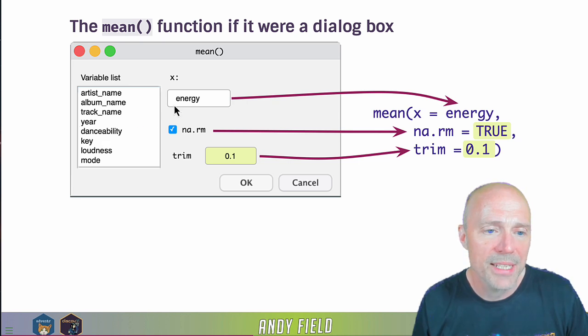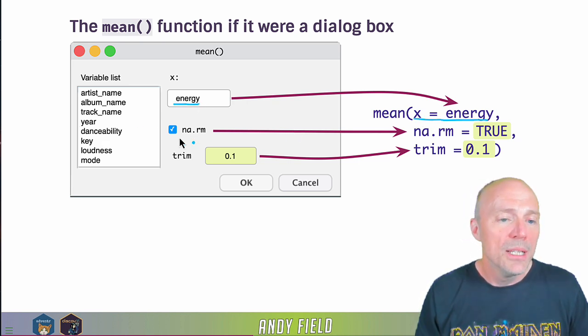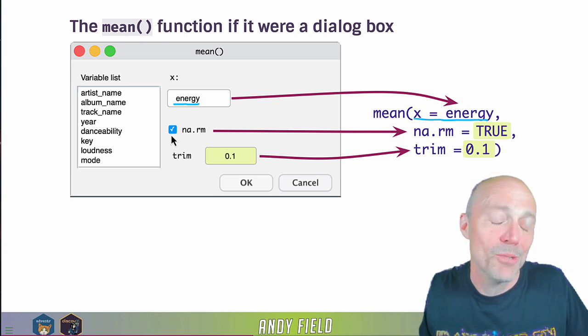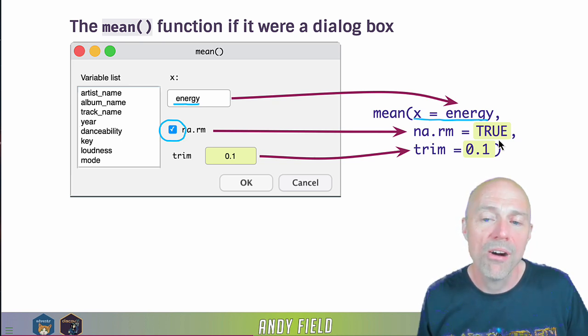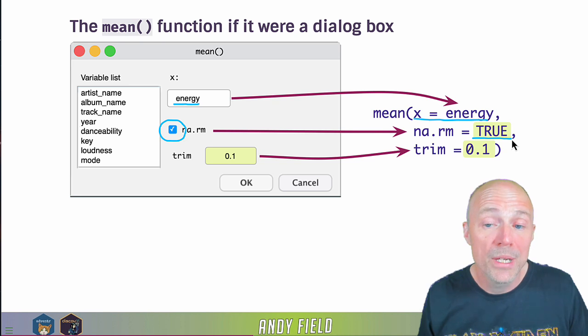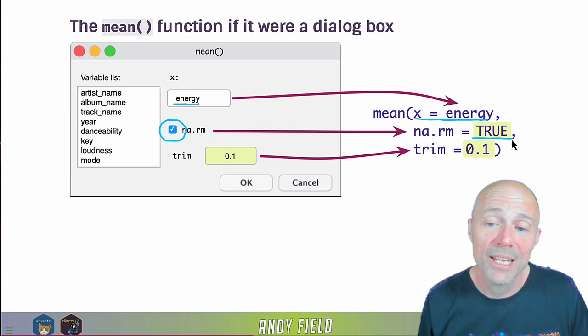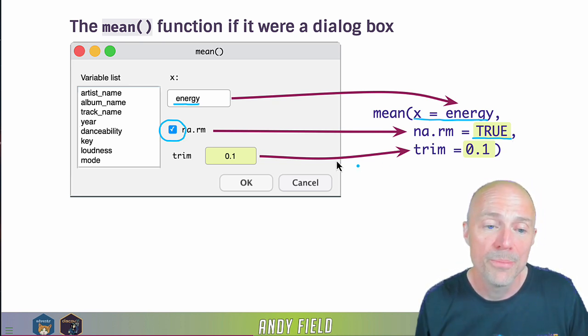So again, we've selected our energy value, so our x equals energy hasn't changed. But let's say we did want to remove missing values. In our dialog box, that would be like ticking this box, and the equivalent of doing that in R is to type na.rm equals TRUE. So instead of leaving the default value, we just change it to TRUE.